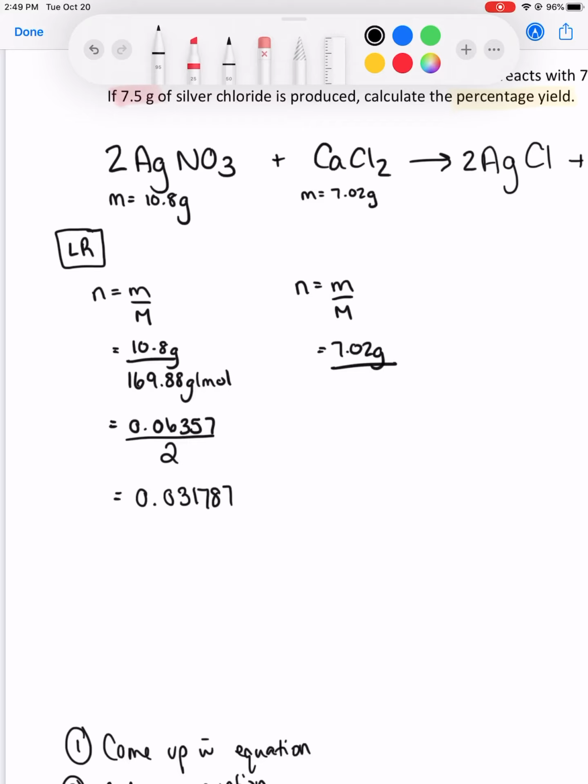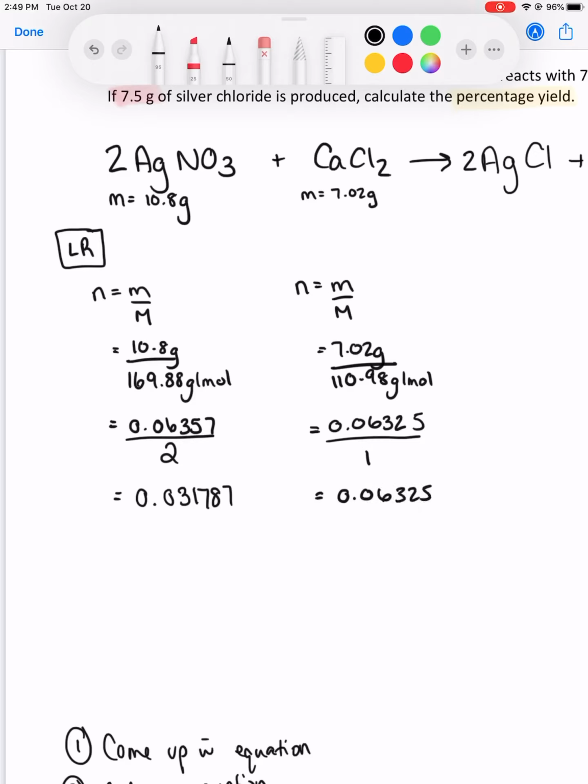Calcium is 40.08 plus 35.45 times 2, divided into the 7.02 grams. Very similar moles. We're going to divide that by 1, right? Because there's only 1 mole there. So it's the same thing.